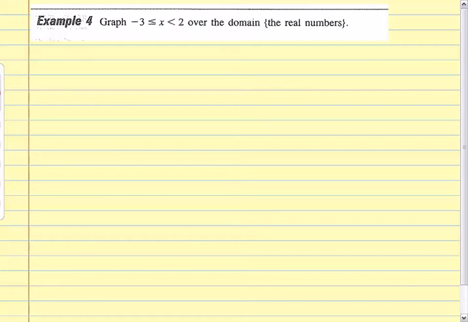X can be, or x is greater than or equal to, because I'm reading it this way, -3, but it's less than 2. All right, so when I graph this, I know that -3 is here, -2, -1, 0, 1, and 2. I'll put 1 on either side also.